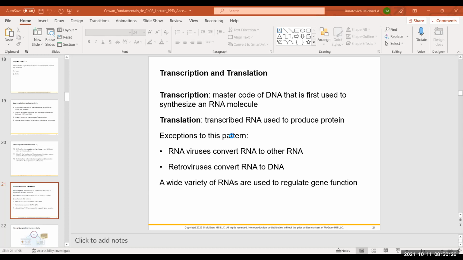Now, exceptions to this include RNA viruses that have an RNA replicase. Those are enzymes that have a lot of biochemical similarity to DNA polymerase and even RNA polymerases, but they're slightly different. So those are RNA replicases.